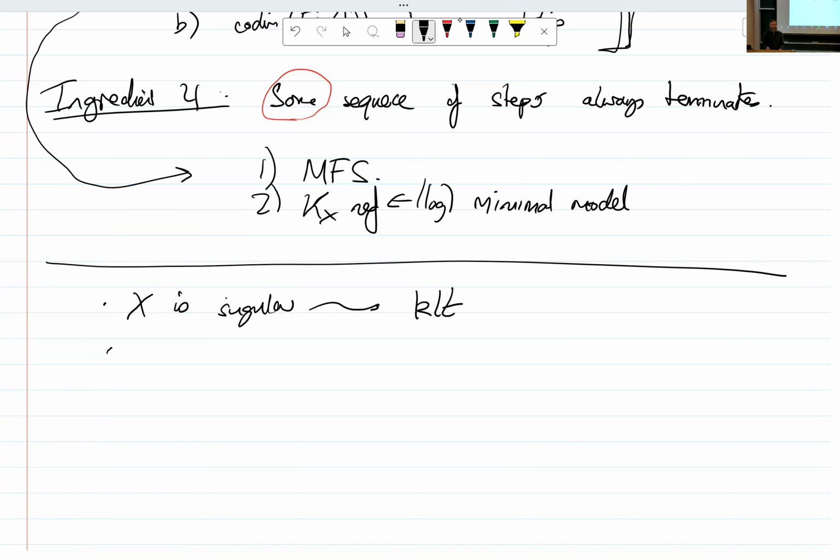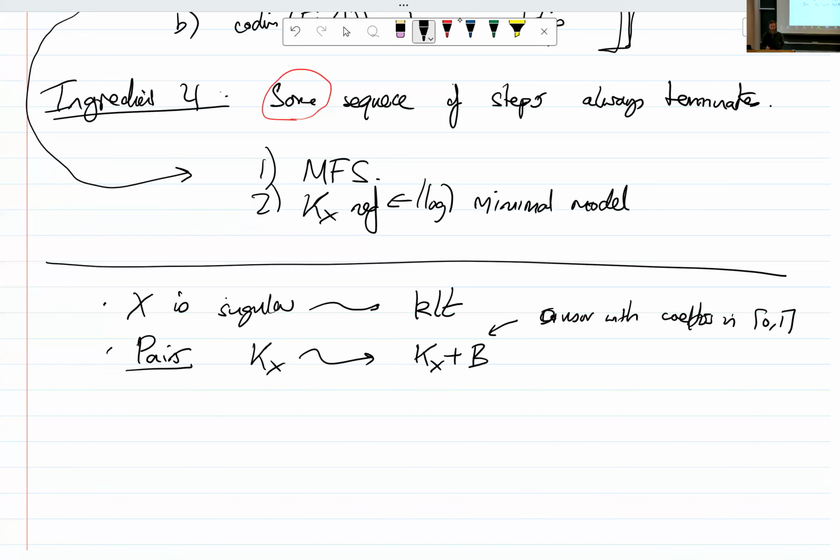What will matter more is the pairs. So that means that instead of working with K_X, where I said K_X before, you're really looking at K_X plus B for some boundary B. And this is some divisor with coefficients between 0 and 1, such that this K_X plus B is Q-Cartier.